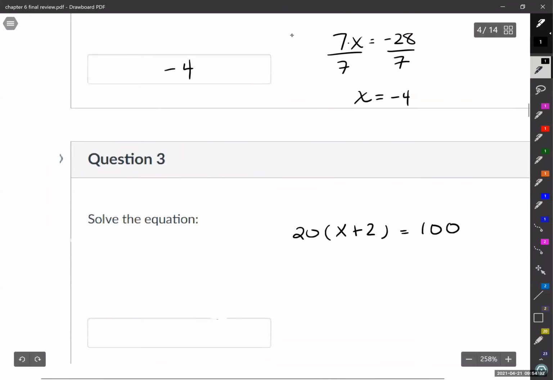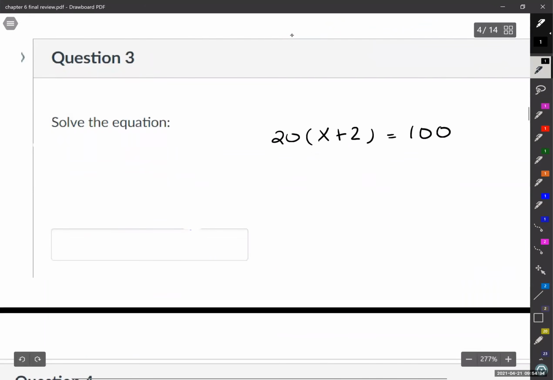If y'all would similarly solve this one, remember to distribute first and then solve. Or I guess you don't have to distribute first. You could also get rid of the multiply by 20.